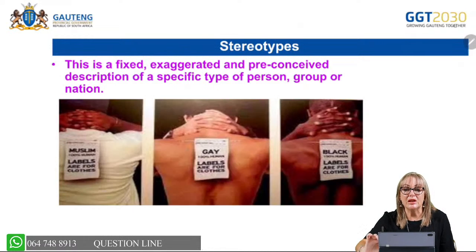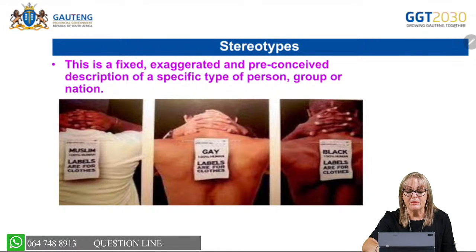And then they use stereotypes. Now here I've given you stereotype examples just to show it's not a cartoon, it's real life photographs, but to try and explain to you what a stereotype is. It's a fixed or exaggerated and preconceived description of a specific type of person, group, or nation.